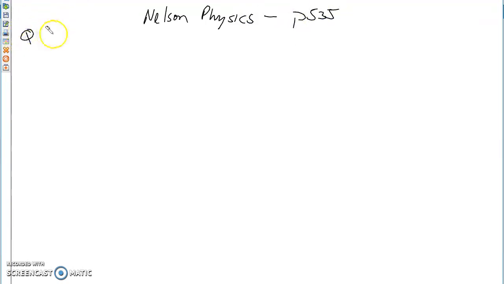This is from the Nelson Physics textbook, the new version of it, page 535, question number 4.